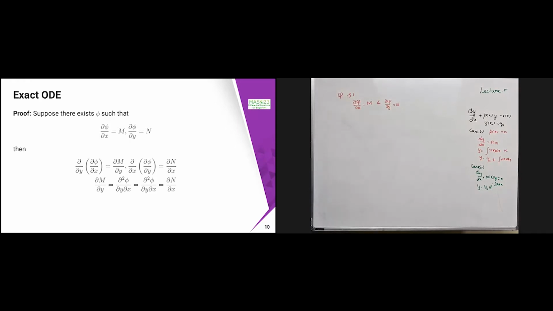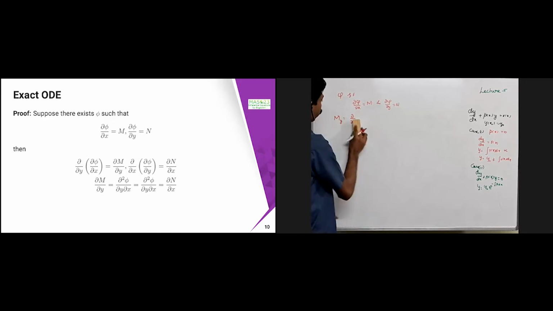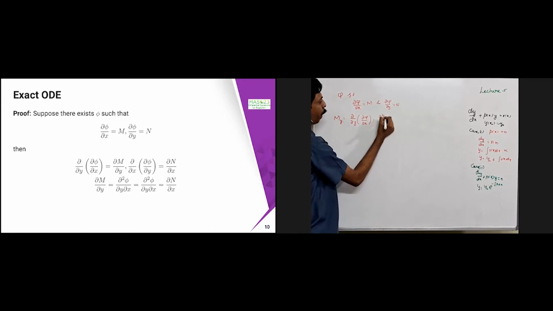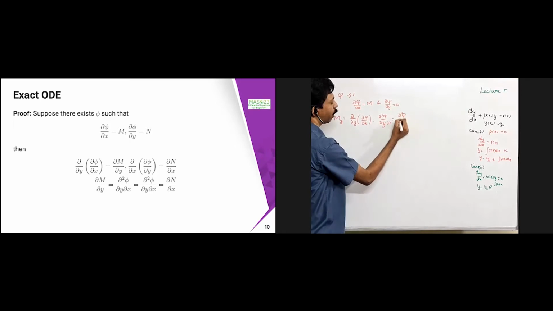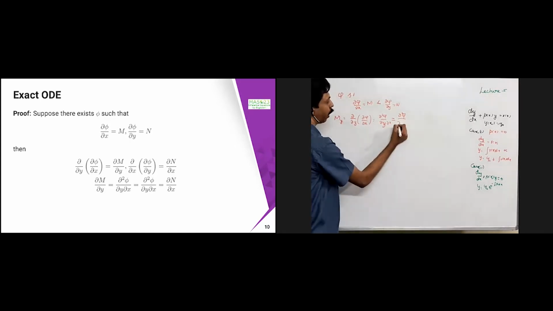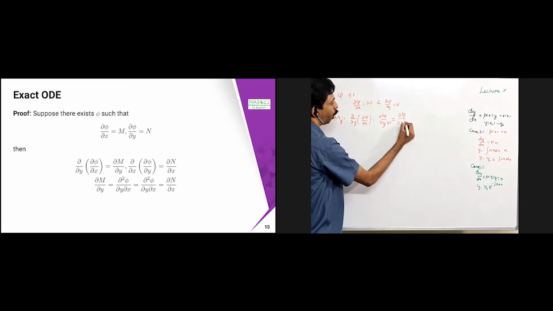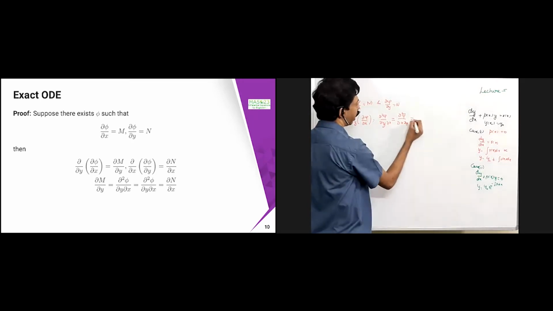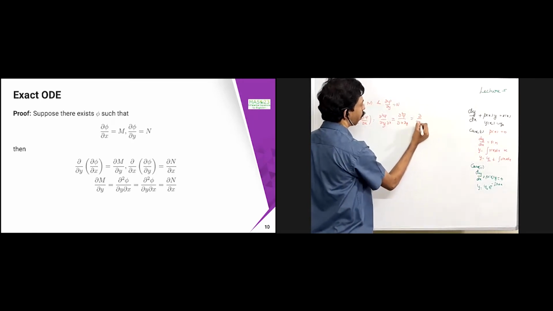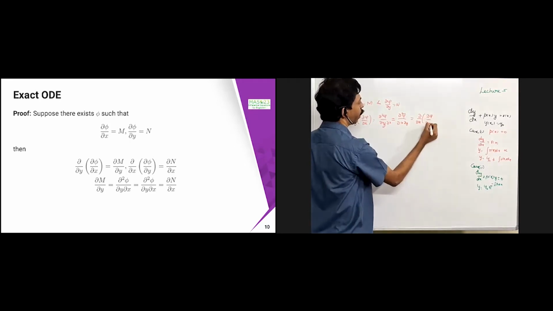Then I take M_y, which is nothing but ∂/∂y of ∂pi/∂x, which is nothing but ∂²pi/∂y∂x. Since the partial derivatives are continuous, I can write this as ∂/∂x of ∂pi/∂y.